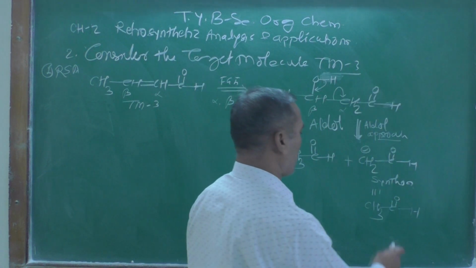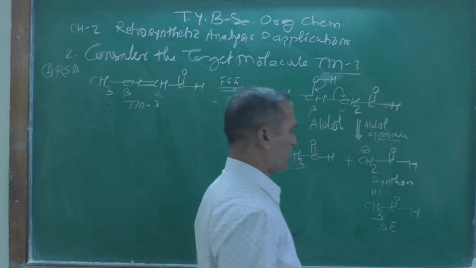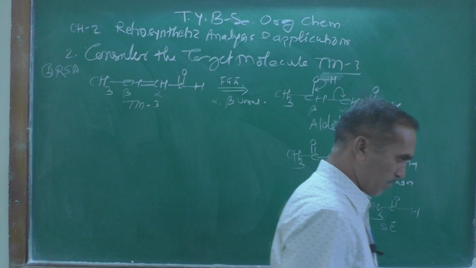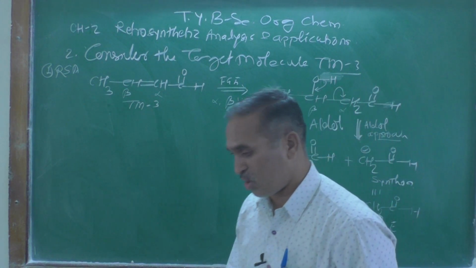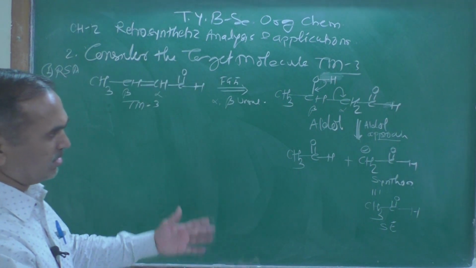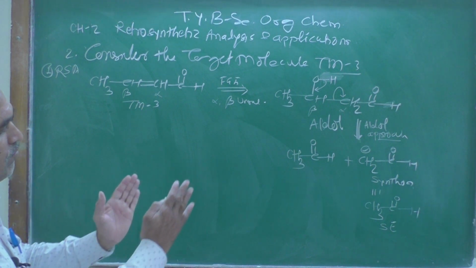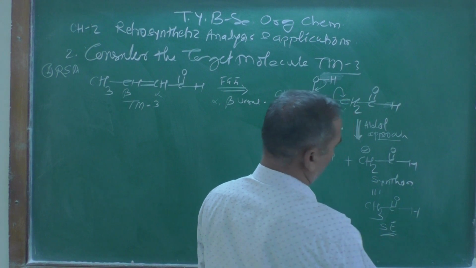This acetaldehyde we can call the synthetic equivalent, and it can be obtained by using a reagent like sodium ethoxide, or any strong base. This is a synthetic equivalent.